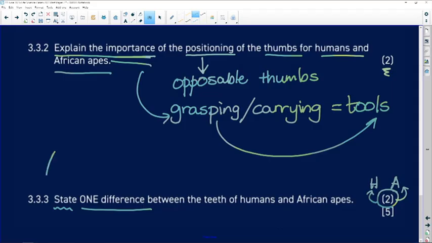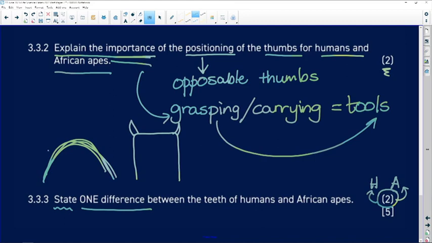Remember when you learnt about the dentition, humans had a nice gentle curve to their jaw, whereas apes have a much more pronounced rectangular jaw. Humans, we find, do not have a very large canine tooth.